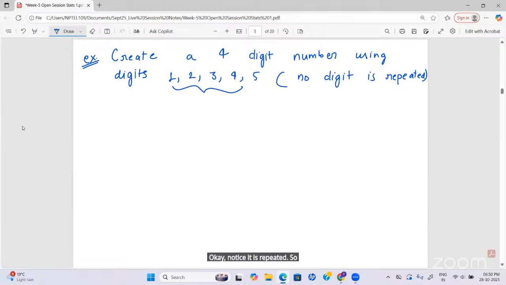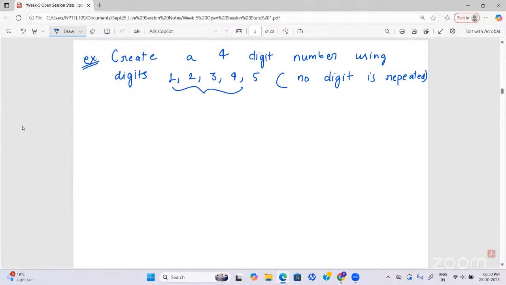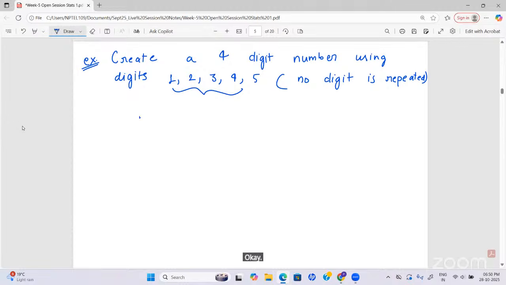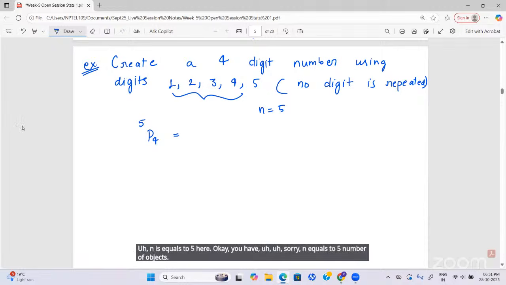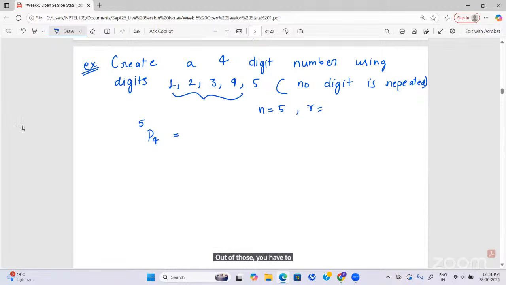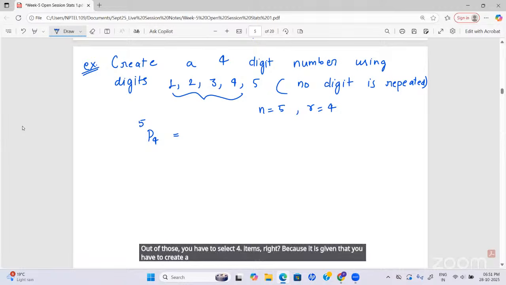So how can you do it? You can do 5P4. You have n equal to 5 objects. Out of those, you have to select 4 items, because it is given that you have to create a 4-digit number.